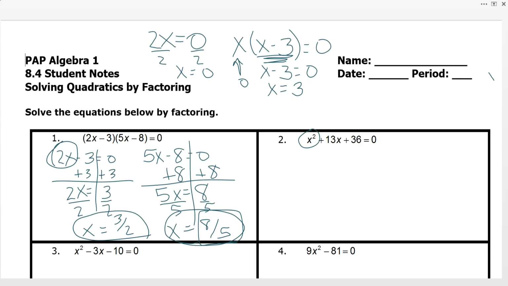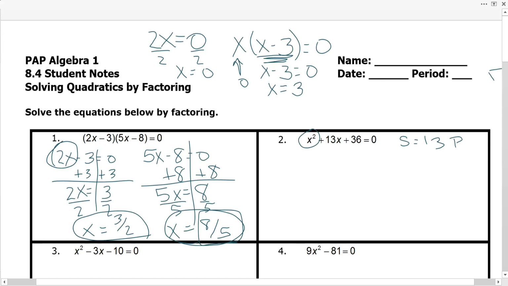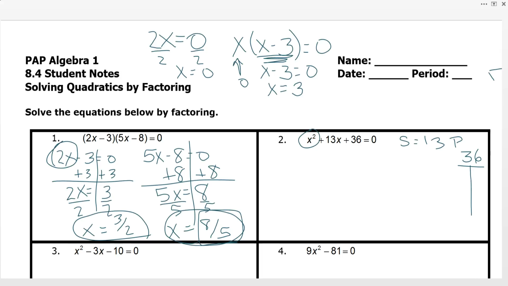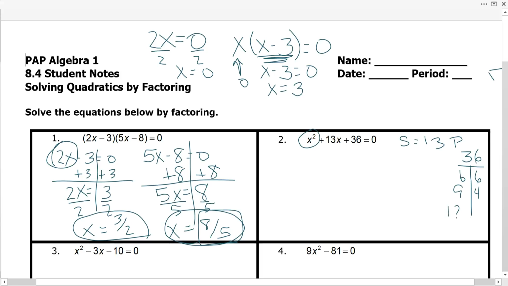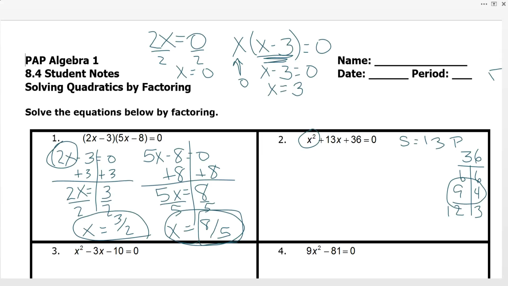The first thing I do is look for a greatest common factor. There isn't a greatest common factor, so I move on to the next step, which is my sum is 13, my product is 36. I look for all the factors of 36, so I have 6 and 6, 9 and 4, 12 and 3. 9 and 4 adds up to 13, so those are my two factors of 36.